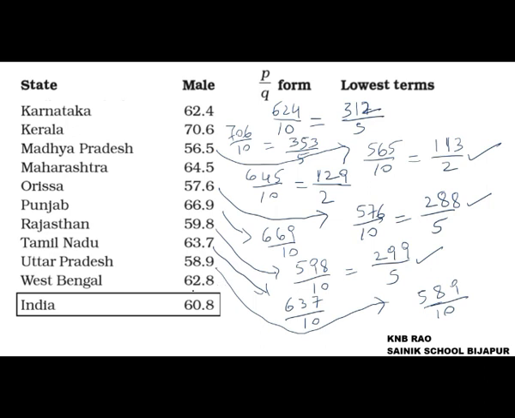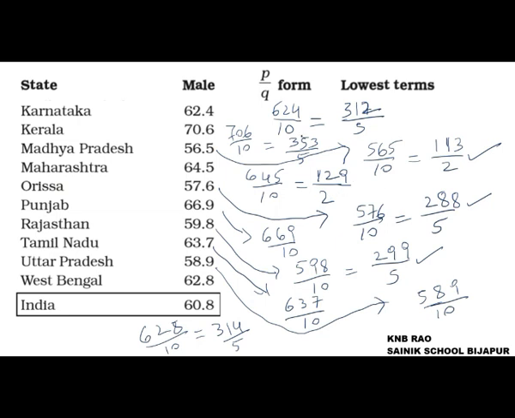And last, West Bengal's 628 upon 10. Converting it into lowest form gives 314 upon 5. So these are the P by Q forms as well as bringing them into the lowest forms.